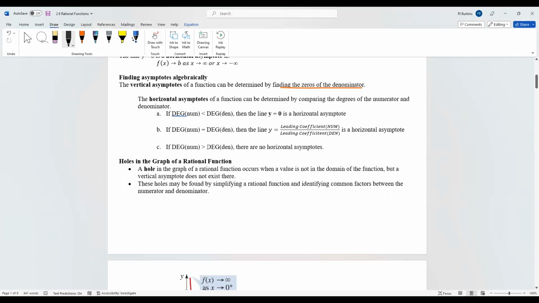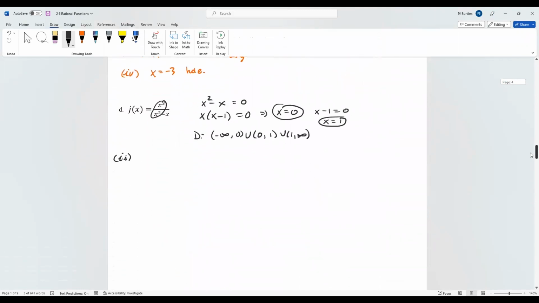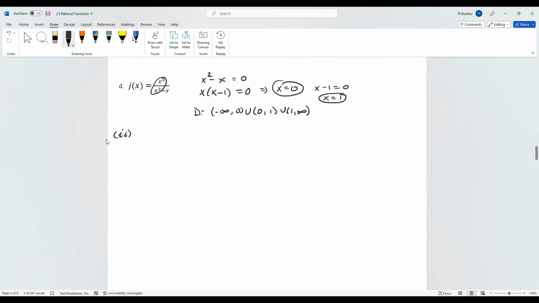If the numerator's degree is greater than the denominator's degree, there are no horizontal asymptotes. Okay, that makes our life easy. So let's come back here. Because the degree of the numerator is greater than the degree of the denominator, no horizontal asymptotes. Fantastic.